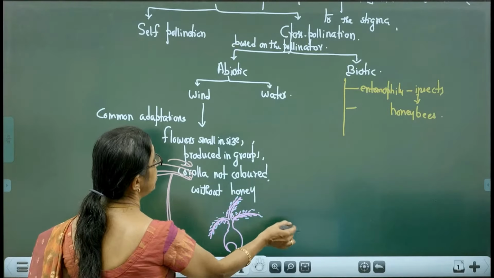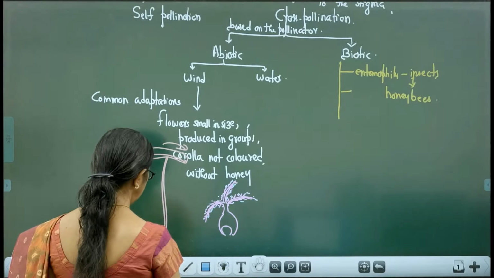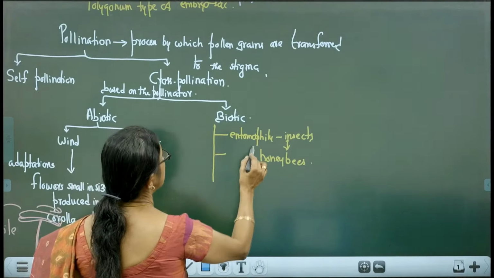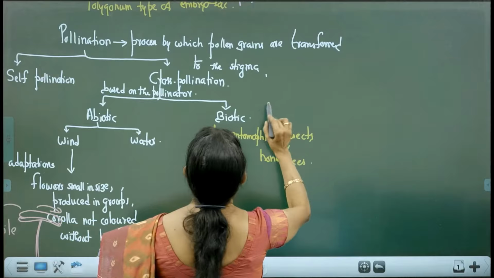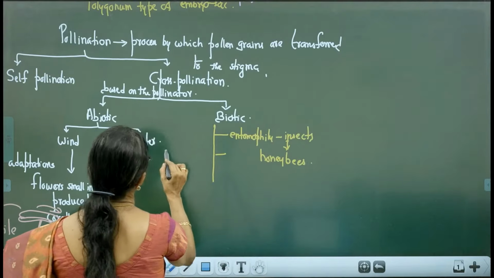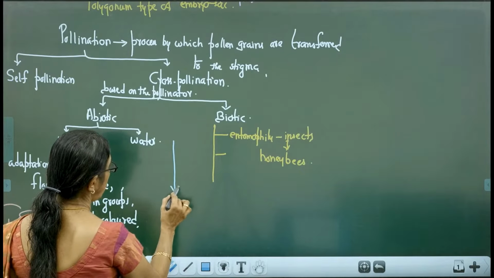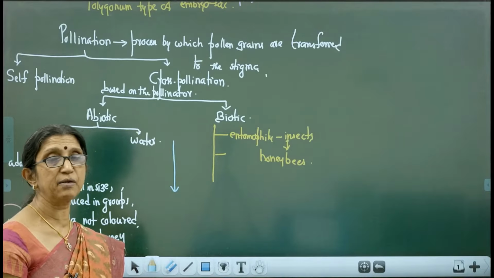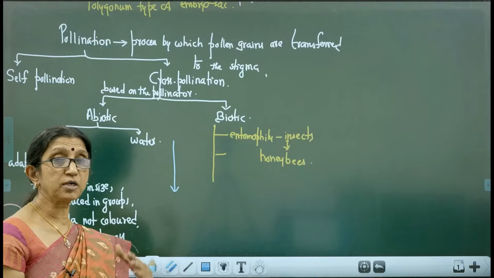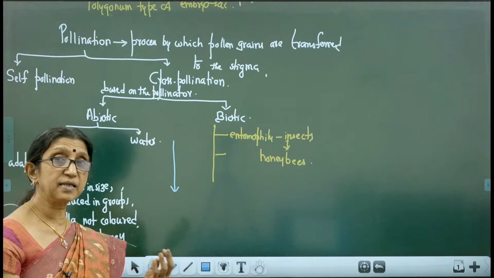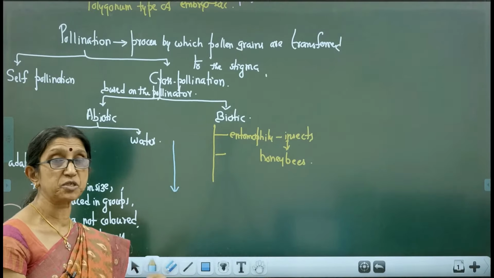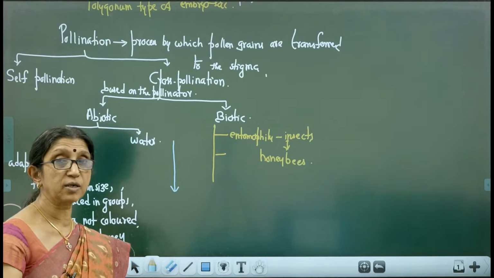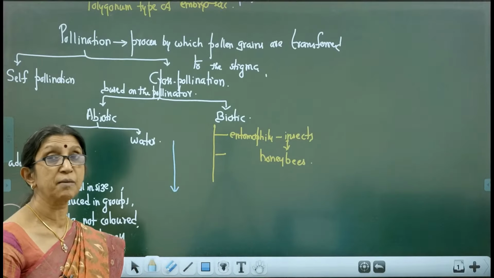The second one, water pollinated. See, not all hydrophytes, not all water plants, are pollinated by water. Water pollination is seen in hydrophytes that are submerged in water, seen totally within the water.